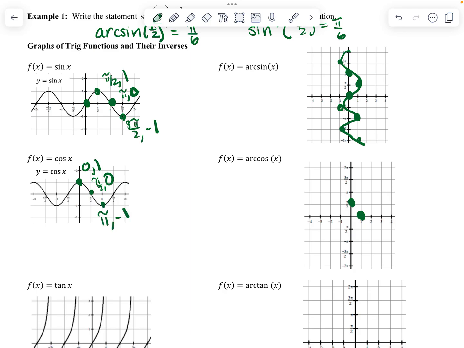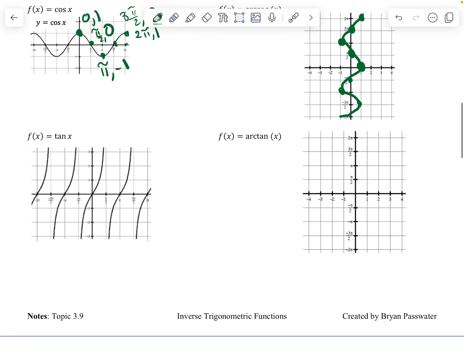Pi and -1 becomes -1 and pi. 3 pi over 2 and 0 becomes 0 and 3 pi over 2. Then 2 pi and 1 becomes 1 and 2 pi. So we can see here, again similar, but it would be at 1, 0.